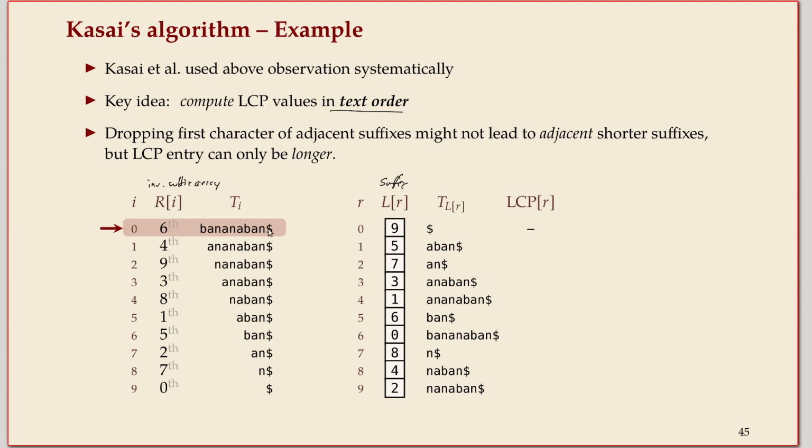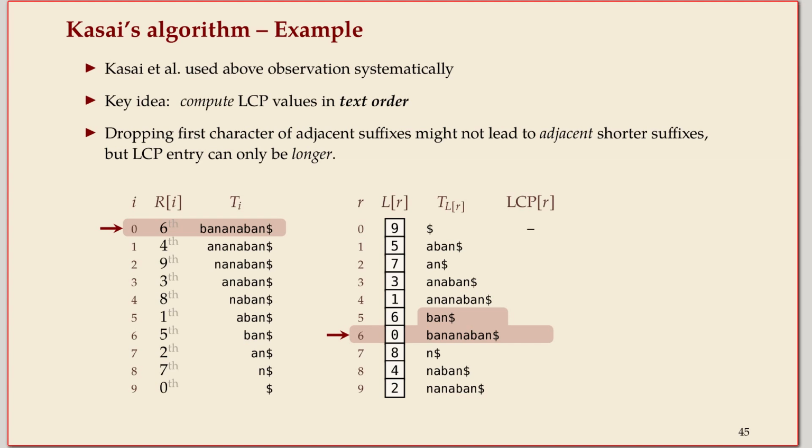So if we have both, we can find where the entire text occurs in the sorted list of suffixes. That's given by this value, 6. So we go there. That means the LCP array entry we're looking at is at position 6. And it's the longest common prefix of those two suffixes, the whole text and the preceding suffix in lexicographic order.